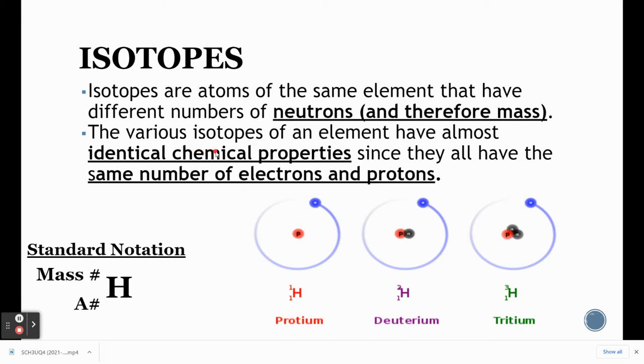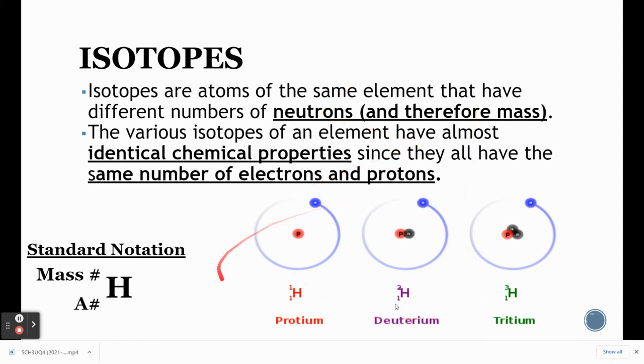They can have some slightly different physical properties based on different masses, of course, but for the most part, they're very similar to each other. The reason they have similar chemical properties is because they have the same number of electrons and protons. So at the end of the day, they react very similarly to each other.